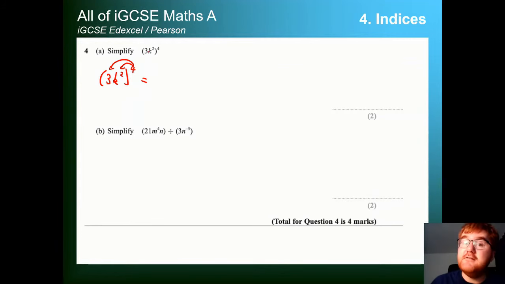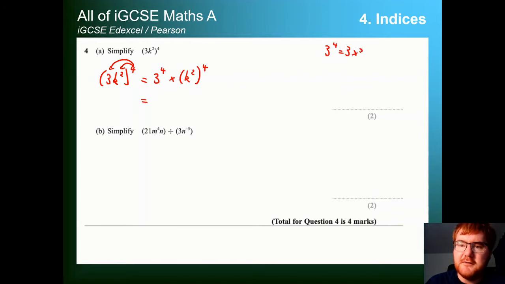So we can rewrite this as 3 to the power of 4 multiplied by k squared to the power of 4. Okay, now we need to really know our 3 times table. So 3 to the power of 4, remember that's the same as saying 3 times 3 times 3 times 3. 3 times 3 is 9, 9 times 3 is 27, 27 times 3 is 81.